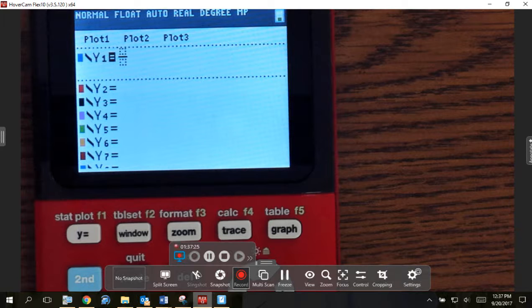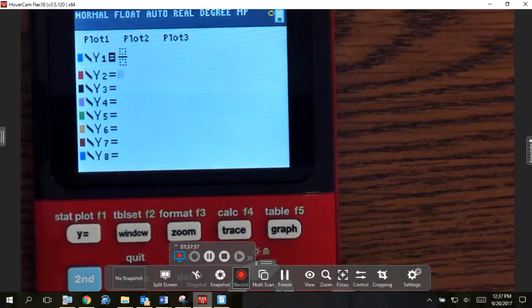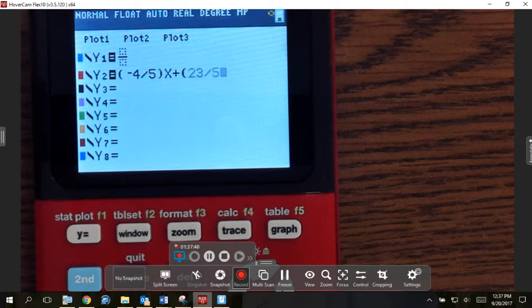Okay, so if you don't have it, I will type my second equation in. If you do have the fraction feature, you should be able to type in your equation with fractions. If you don't have it, then you're just going to have to type in fractions in parentheses. So I'll have to do -4 divided by 5, close parenthesis, x, plus parenthesis 23 divided by 5, close parenthesis.